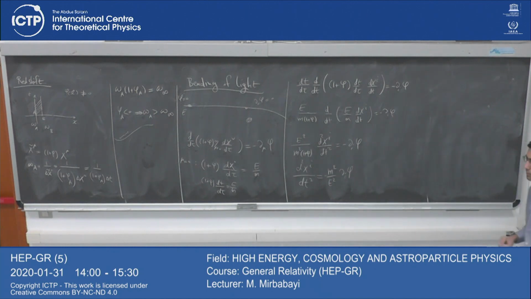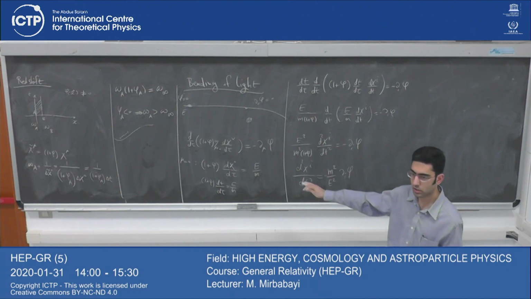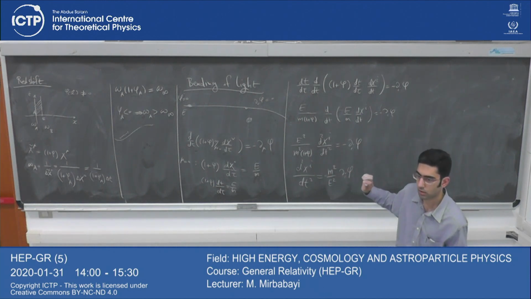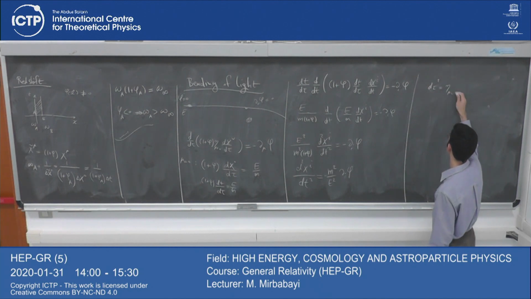Yes? Do we still have dt over d tau equals gamma? Yeah, well, this d tau is defined as before, right? So d tau squared is just eta mu nu, or let's write it in coordinates, it's just dt squared minus dx squared.